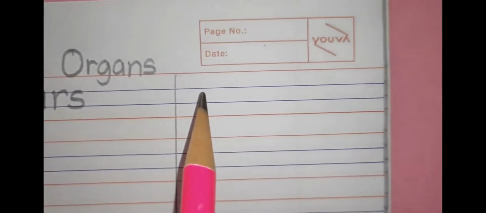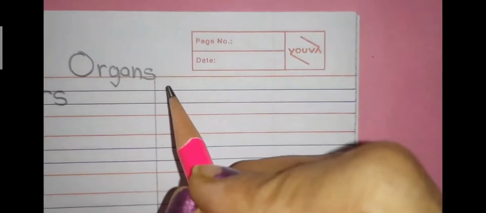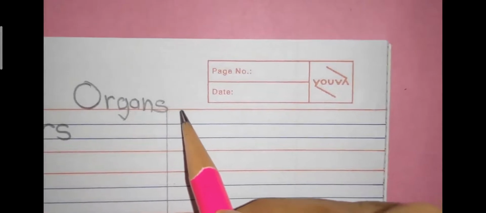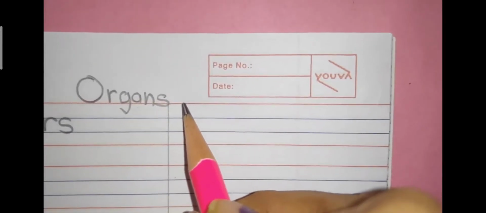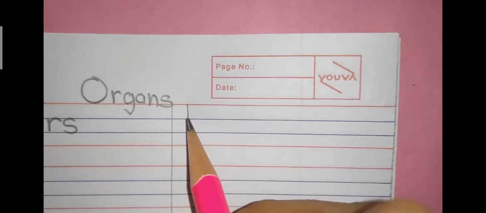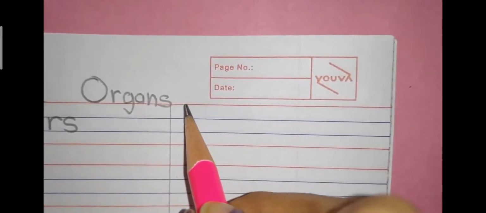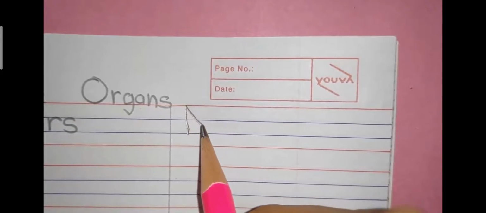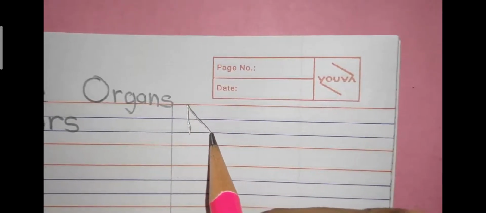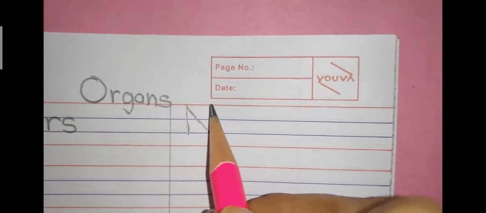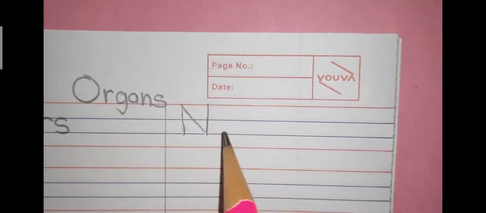Now, next word is nose. For writing nose, first we have to write capital N. For capital N, we have to make a standing line from red to second blue line. Then go up till red line and make a slanting line till second blue line. Again go up in a standing line till red line.